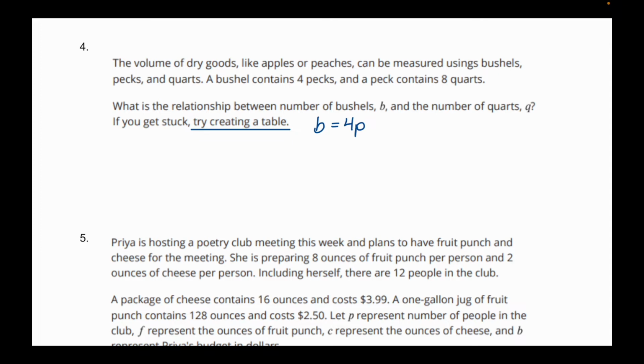In terms of mathematics, we're not going to multiply the 4 with the P. We're actually going to multiply the 4 with the B to create the number of pecks. The table is the easiest way to explain this, and so that's what I will do.